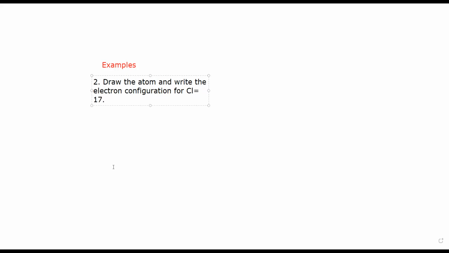All right, so we want to draw the atom and write the electron configuration for chlorine, Cl, and chlorine has the atomic number of 17. Start off by identifying your nucleus first, P and N in the center, enclose your nucleus. When that is done, you start with your first shell first, right?